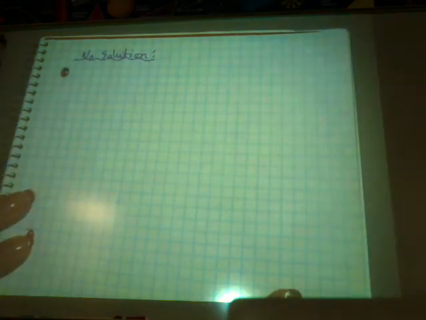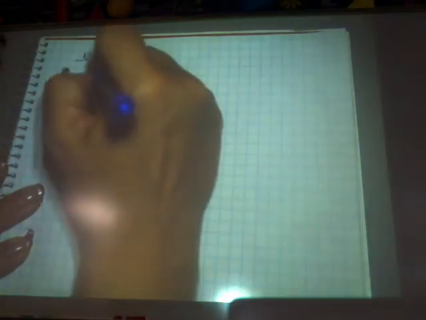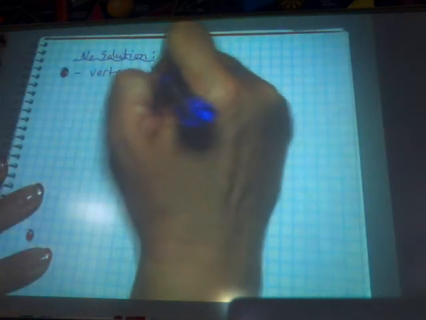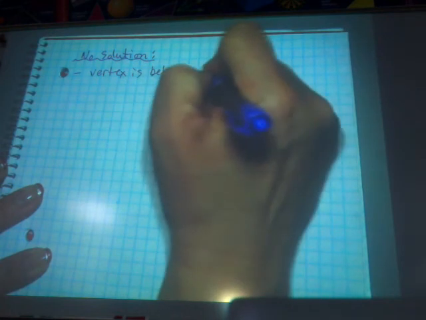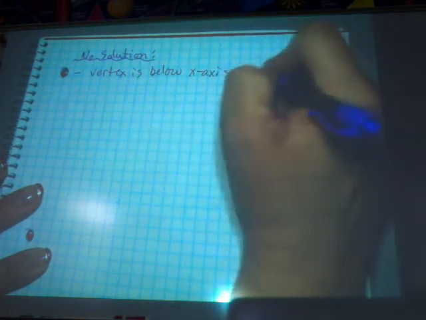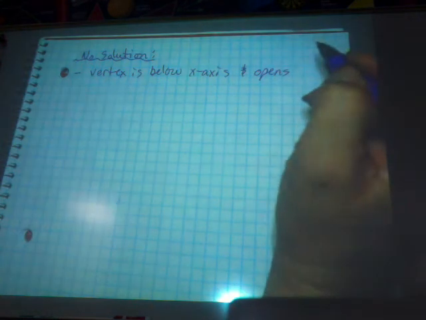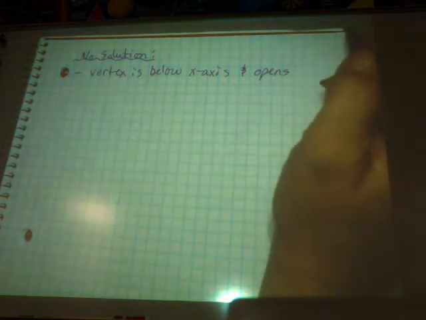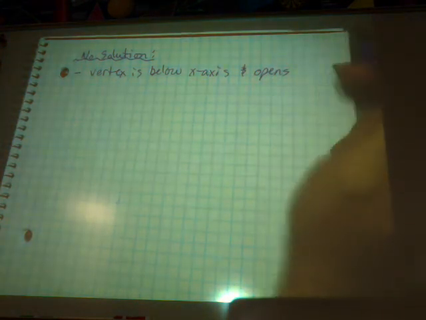Also occurs in two situations. So one, if the vertex is below the x-axis and the parabola opens. So if it's below the x-axis, what way would the parabola have to open for there to be no solution? Down.